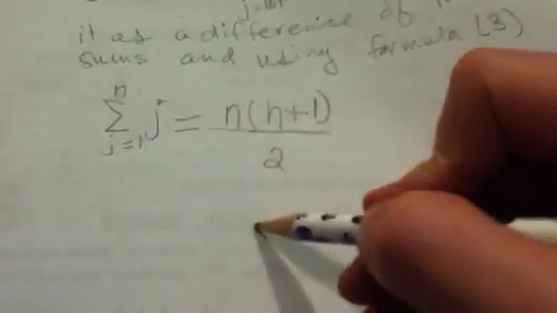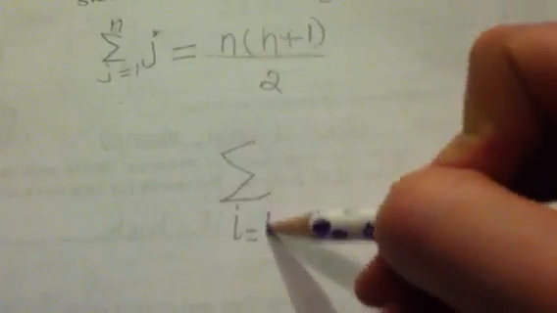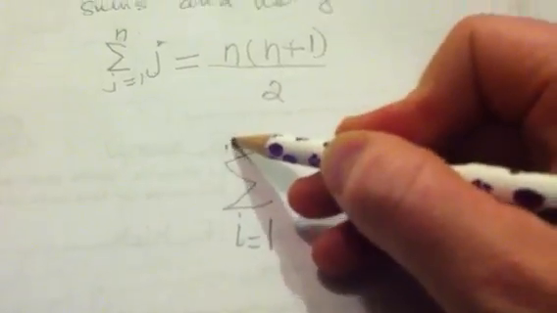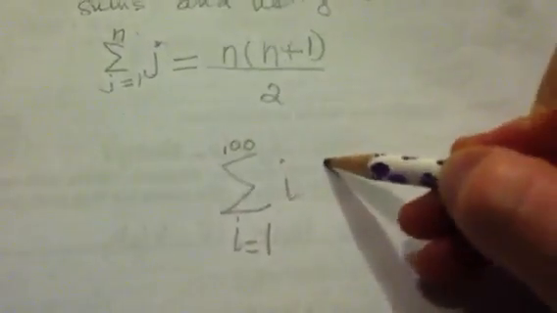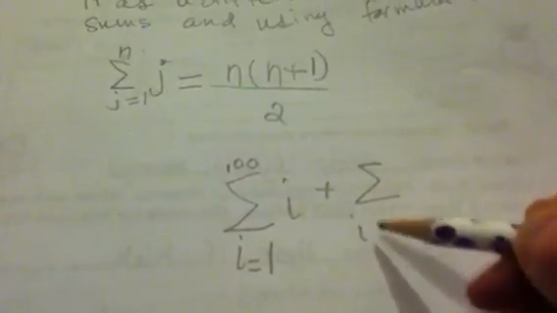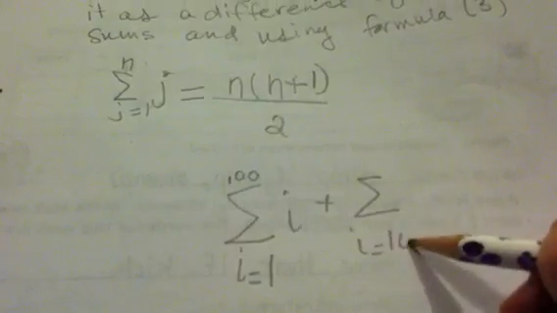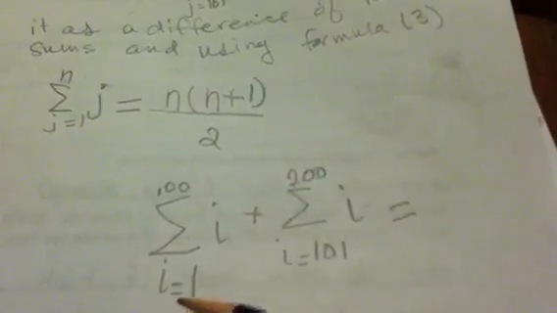So what we could do is say, well, the sum of I from 1 to 100 of I plus the sum from I equal to 101 to 200 of I is equal to, if you notice, they're the same thing.